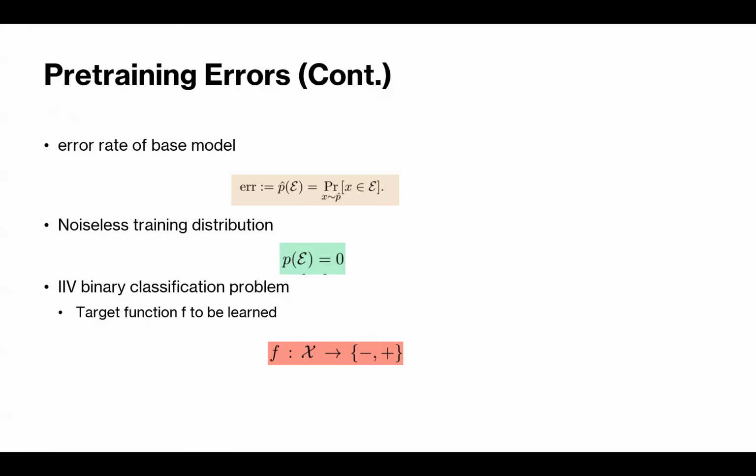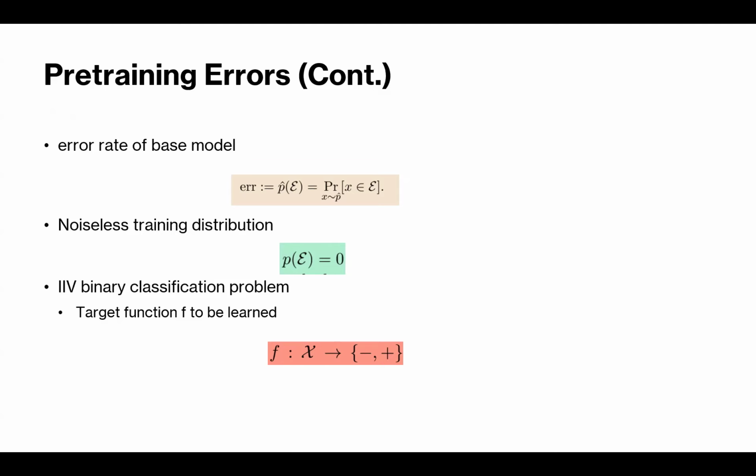That was the point I was making earlier: we have bias in the training data itself, because that data is taken from the open source. So definitely, starting from the pre-training stage, we start putting some errors in the model itself. Now, the IIV-based binary classification problem is simply designed as a target function to be learned, which maps every x in the capital X, the set of all possible responses, to either a negative or a positive value.